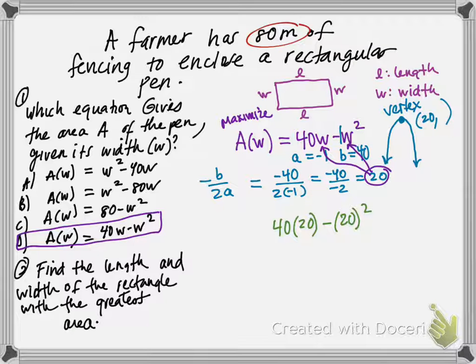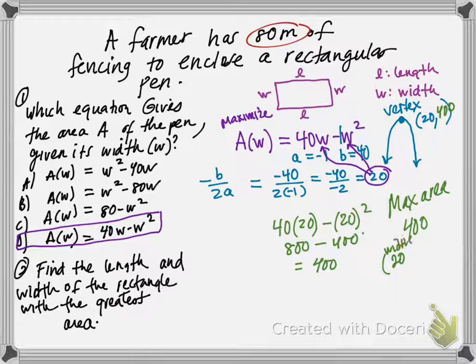So 40 times 20 is 800, minus 20 squared is 400. So this would give me an answer of 400. So there is my maximum area. My max area is equal to 400, and that happened when the width was 20.